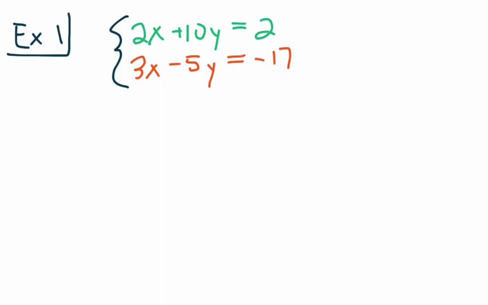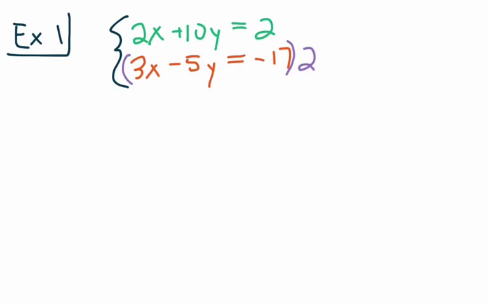So here's what we're going to do. We're going to put parentheses around this entire equation. And again, if we multiply it by 2, when we distribute the 2 to the negative 5y, we'll get negative 10y, which will be opposite of that. That will then allow us to add to eliminate one of our variables.